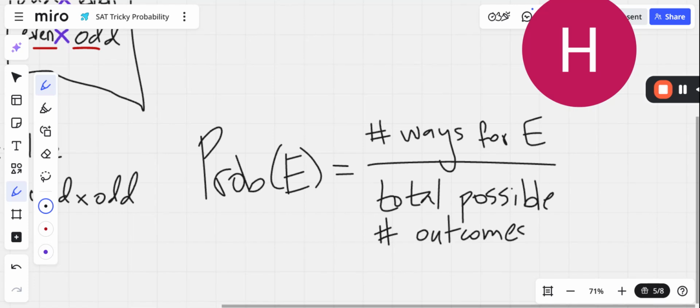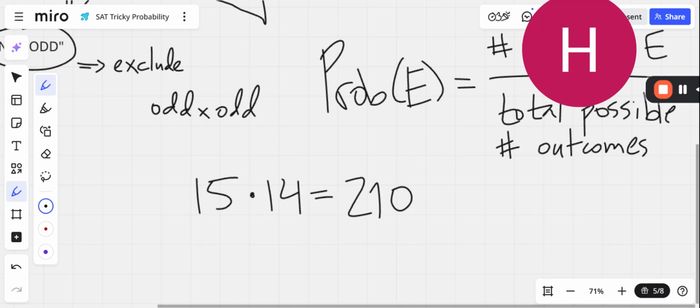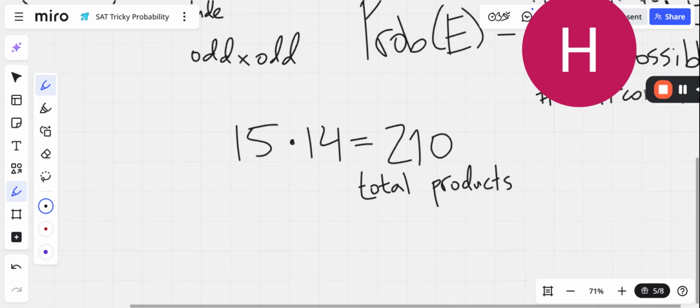Okay, so the total possible number of outcomes is 15 times 14. 210 total products. Distinct products, that is. So that's treating 3 times 7, or 3 and then 7, as different than 7 and 3.